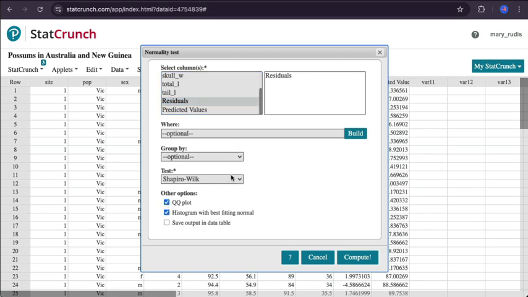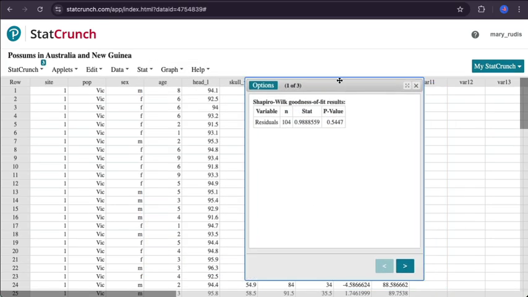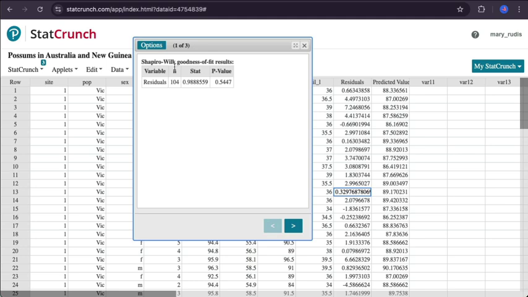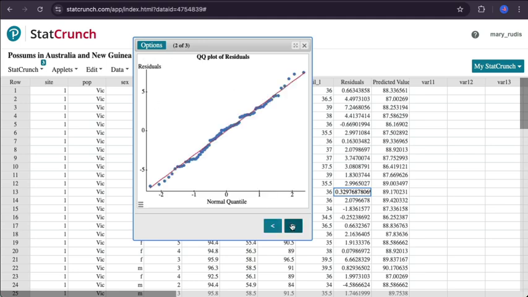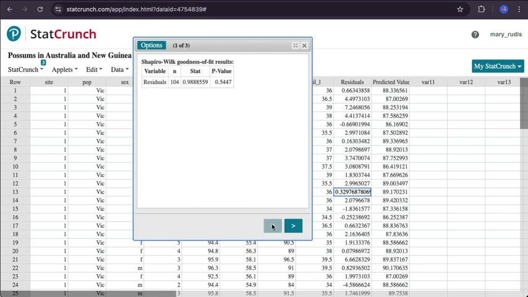So we can do a test for normality. I'm going to compute that. And in this case, the p-value is 0.5447. There's our plot. And there's the histogram.